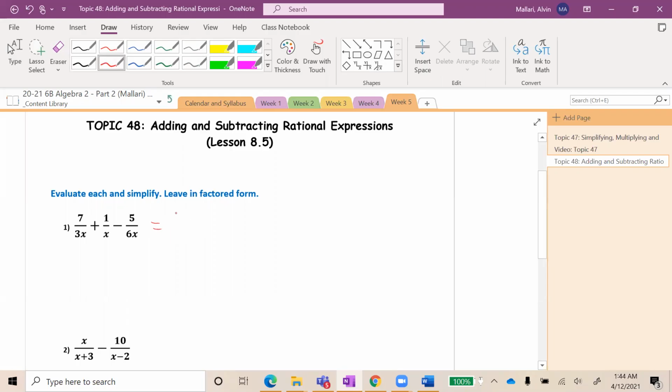So we have 7 over 3x. To get the denominator to become 6x, we will need to multiply the denominator by 2 and the numerator by 2 as well. So what you do in the denominator will need to be done in the numerator.